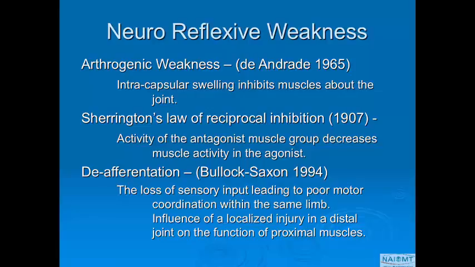The phenomenon of deafferentation, or the loss of sensory input, was described by Bullock-Saxton in 1994. In these studies, an ankle sprain injury was observed to alter ipsilateral gluteal muscle function, the proposed mechanism being that the lack of afferent input through the limb altered the motor output.